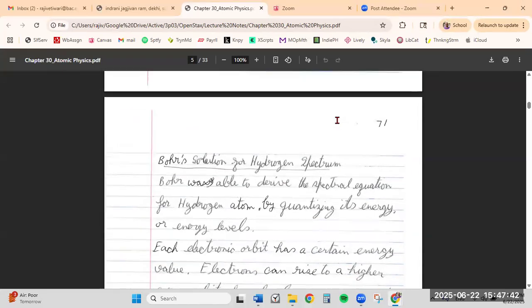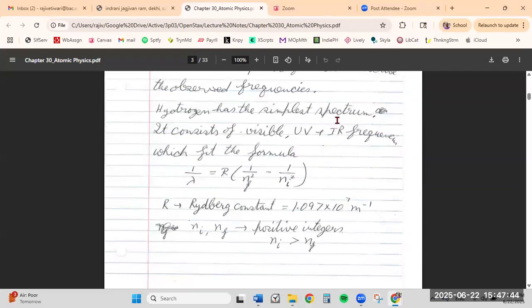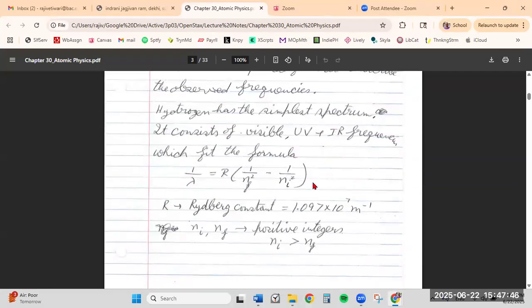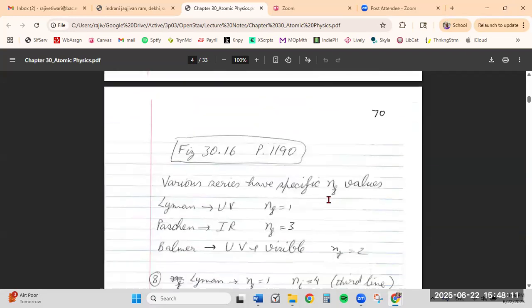Now, as I said, this equation started out as being basically an empirical equation. You measure the wavelengths, and then try to fit the values into an equation. And this is what was arrived at. But there was no theoretical foundation to this equation. There was no model that existed to explain why the equation should be the way it is.